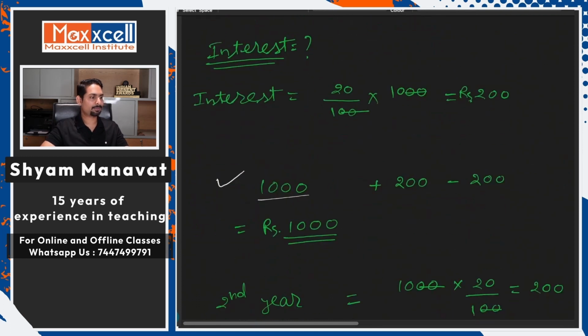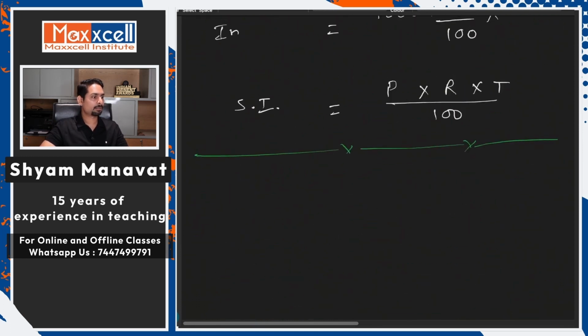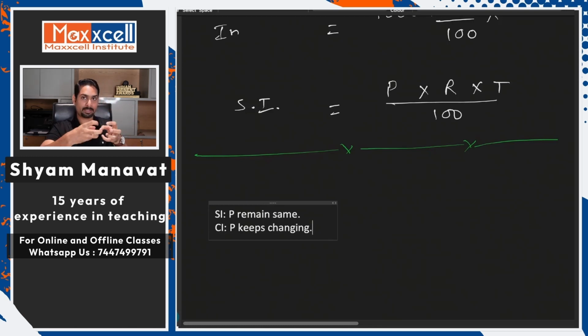Let me write this for you so that you will understand better. In case of simple interest, we have principal remain same, right? In case of compound interest, principal keeps changing, because there we are not withdrawing the interest, so it gets accumulated and will become principal for the next year.